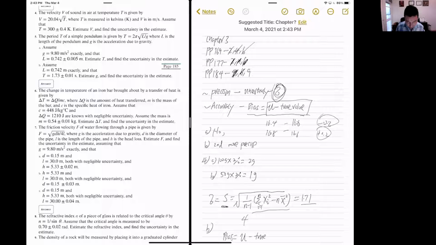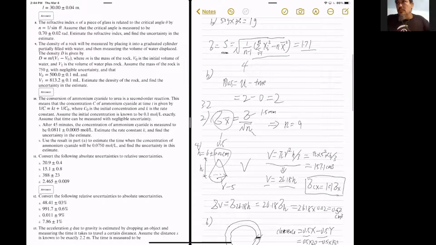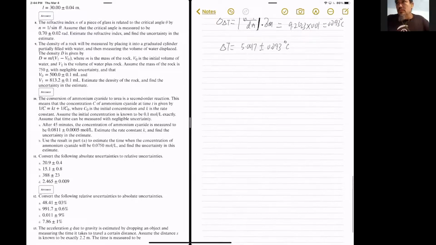Let's finish the last question for chapter 3, and that's called a day. So question number 9. The density of a rock will be measured by placing it into a graduated cylinder partially filled with water.